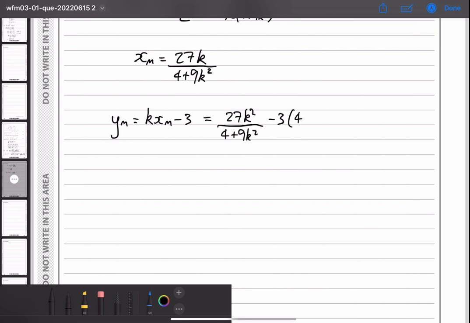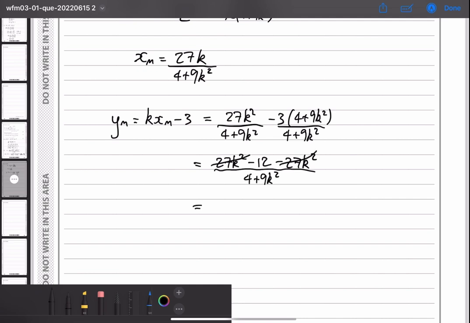So let's have 4 plus 9k squared, 4 plus 9k squared, which gives us 27k squared minus 12 minus 27k squared. How nice. All of that is over 4 plus 9k squared. That was definitely worth doing.